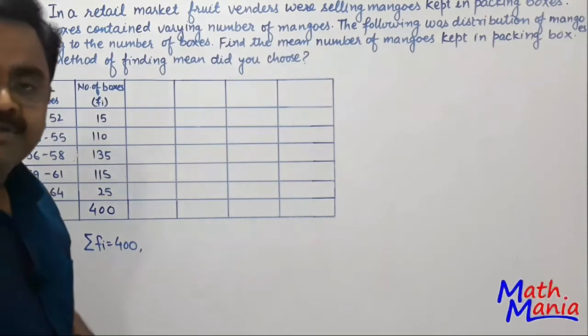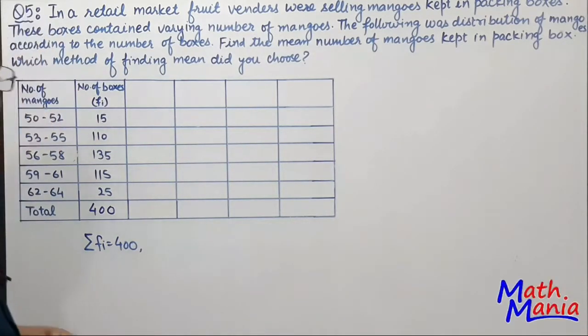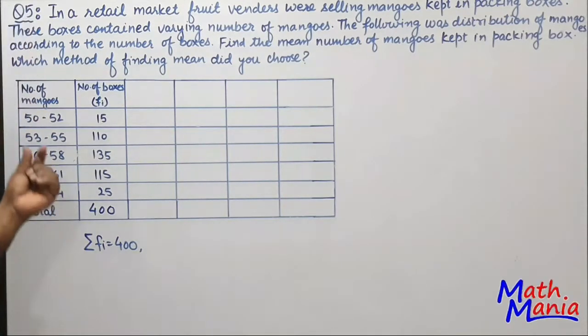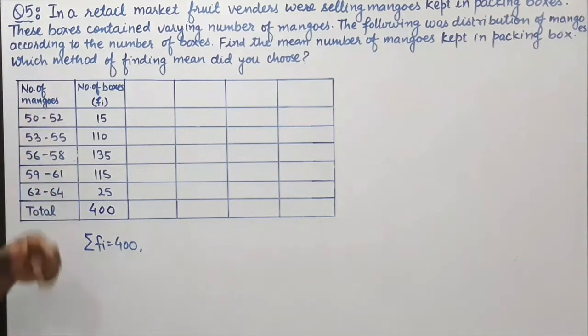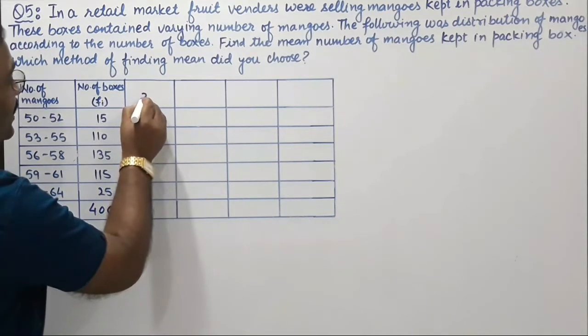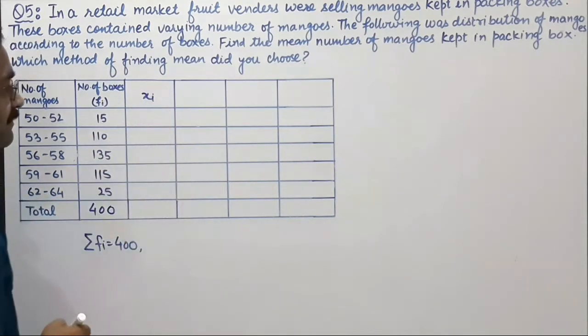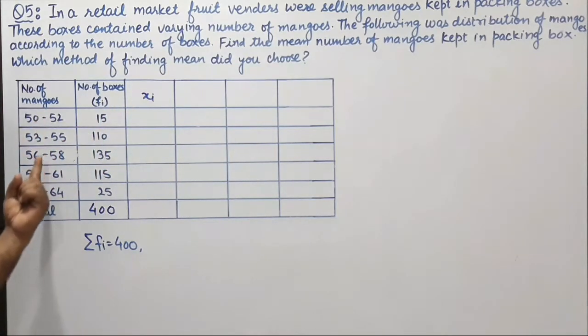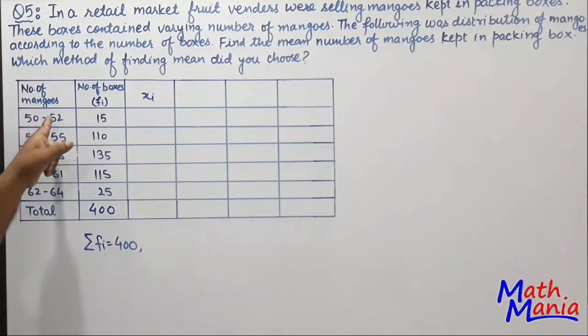Right friends? Now we need to find the value of xi, which is the class mark, the average of each class interval. The value of xi is the lower class limit plus the upper class limit, divided by 2.